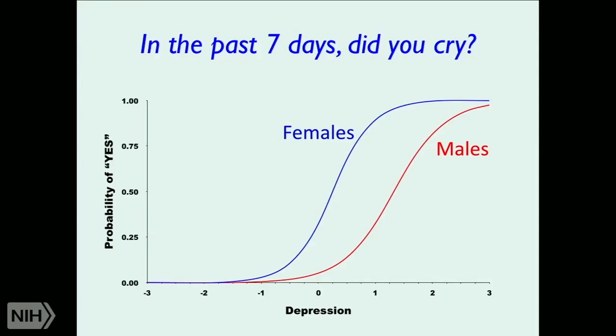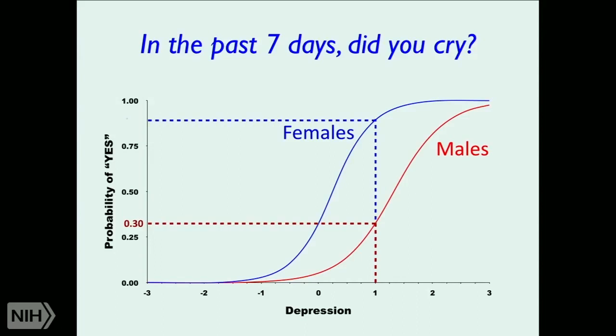If we've got a male who we know, because we've suddenly become omniscient for just a second, is 1 standard deviation above the mean on depression, the male's likelihood that they're going to answer yes is 0.3. Right? It's a 30% chance they're going to answer and say, yes, I've cried in the past week. A woman, though, who is 1 standard deviation above the mean, has a 0.9 probability of answering yes.